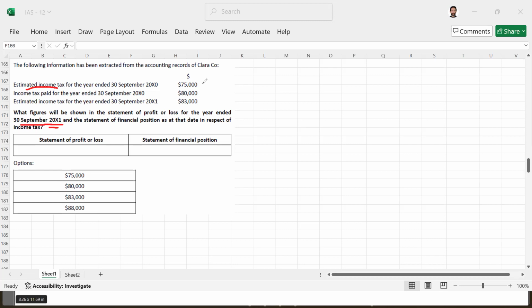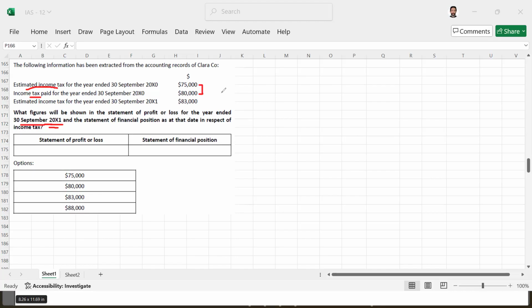So the previous year estimate that we provided was 75,000. The income tax that was actually paid was 80,000, which means that we provided less. So there is an under provision. We estimated and provided less, 75,000. However, the tax that was actually paid was 80,000. So that is an under provision of 5,000.